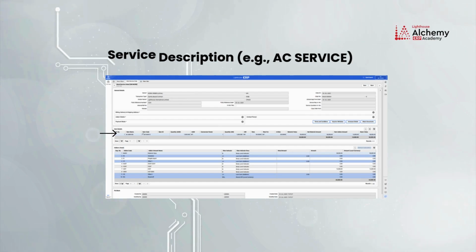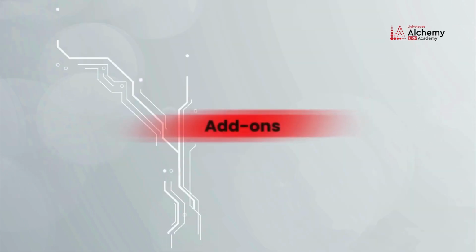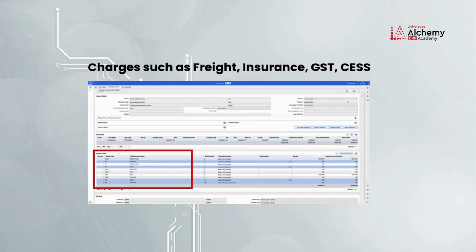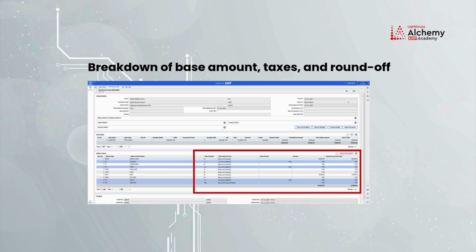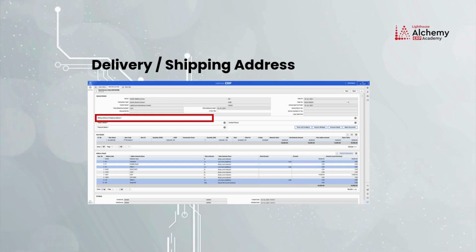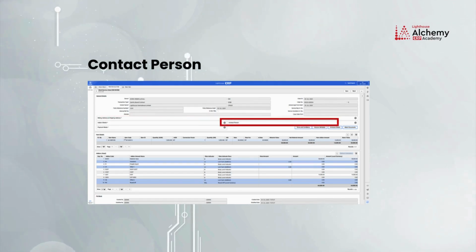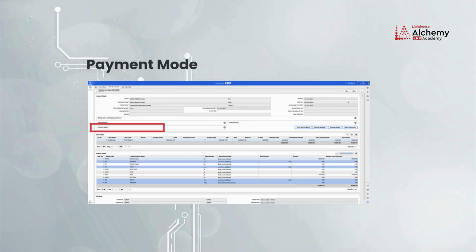for example AC service, quantity, UOM, rate and service value. Add-ons, charges such as freight, insurance, GST, cess, breakdown of base amount, taxes and round-off. Additional sections: delivery and shipping address, contact person, terms and conditions, annexures or attachments, payment mode.